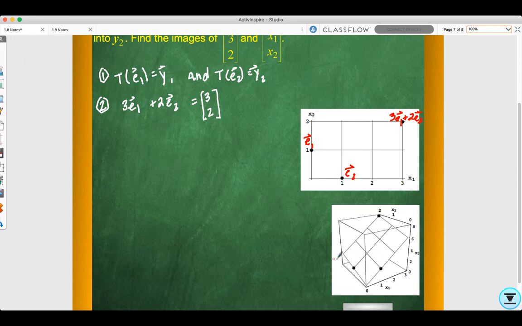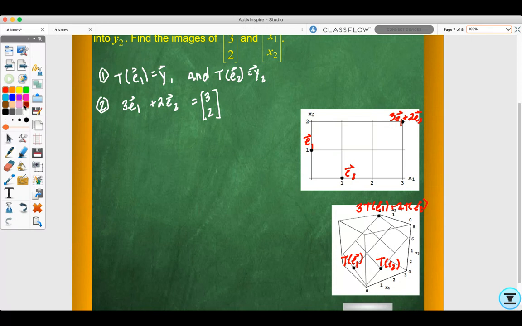And here I have my transformation of e1, my transformation of e2, and this would be my transformation up here of 3e1 plus 2e2. So my step 3 would be the transformation of that.